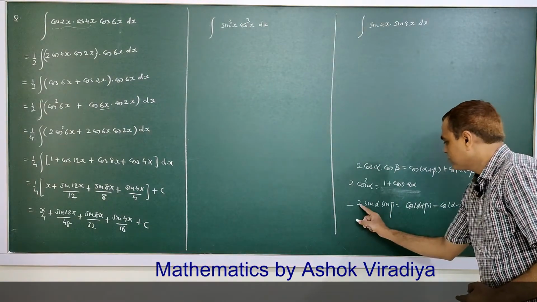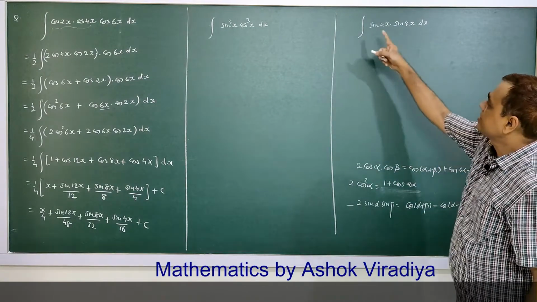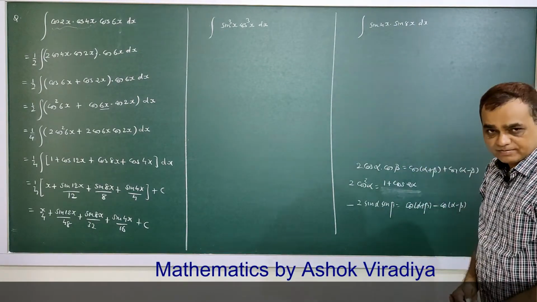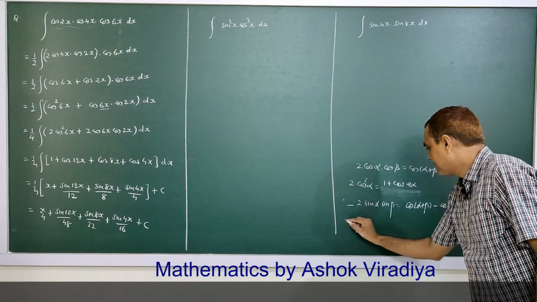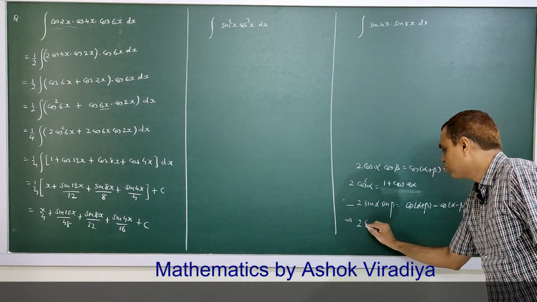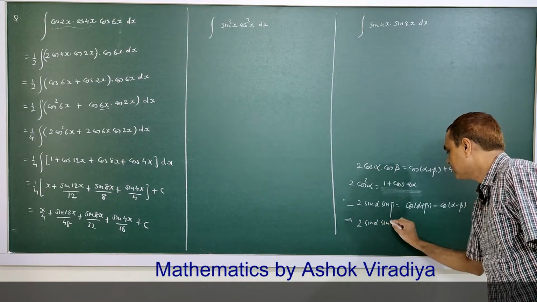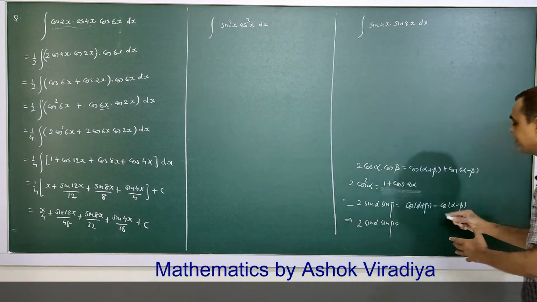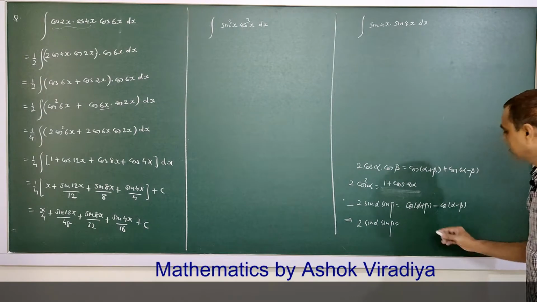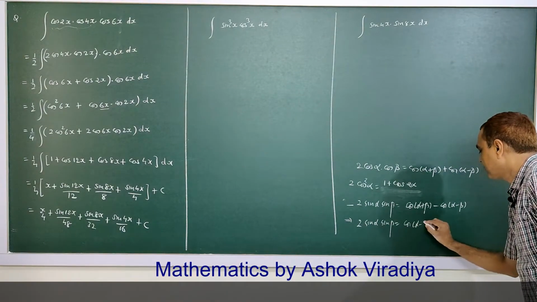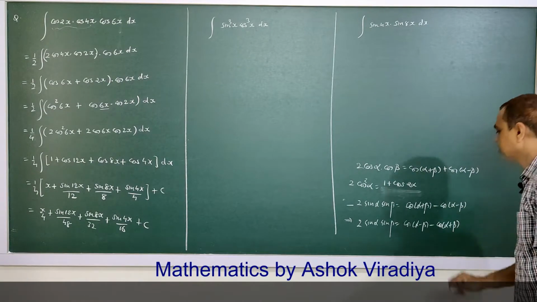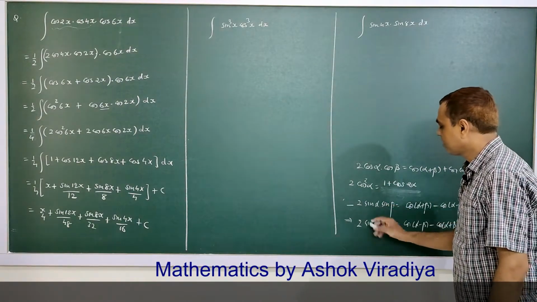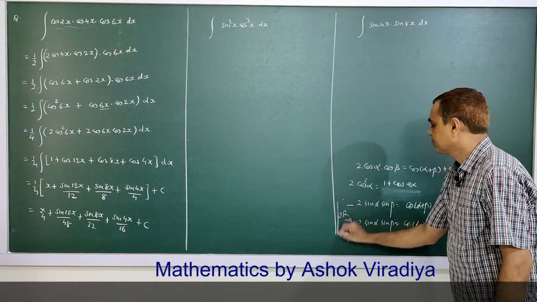So to apply this formula, here minus 2 is required. Otherwise, if you don't want to put the minus sign, then change sign on the right hand side. Take cos of (alpha minus beta) minus cos of (alpha plus beta). You can also use this formula this way.